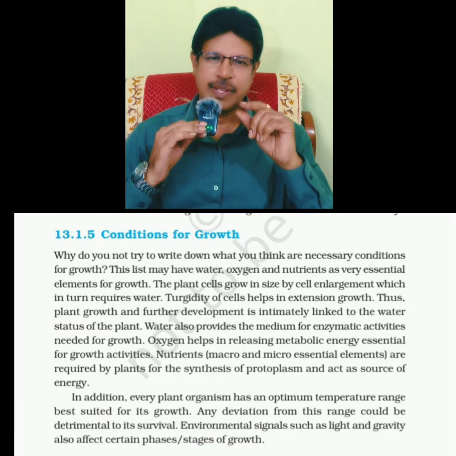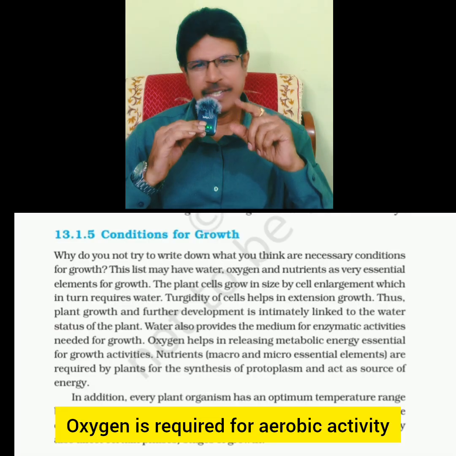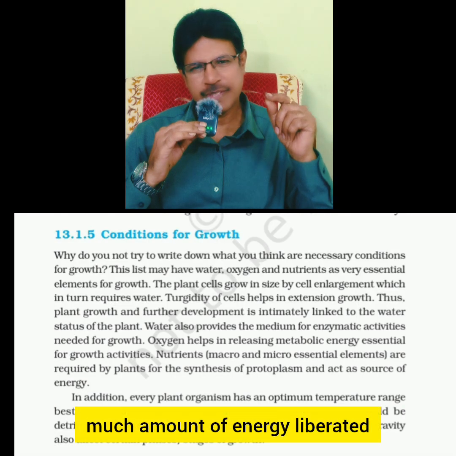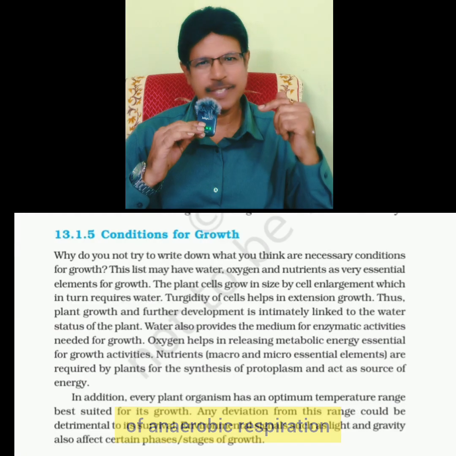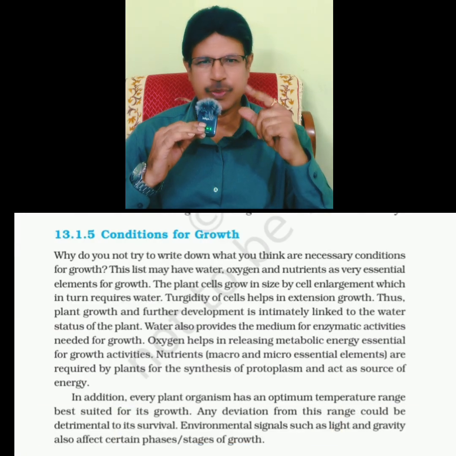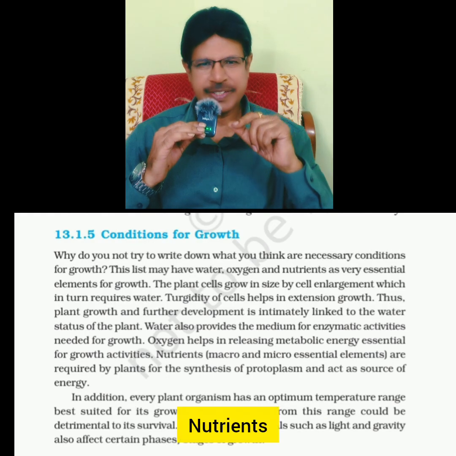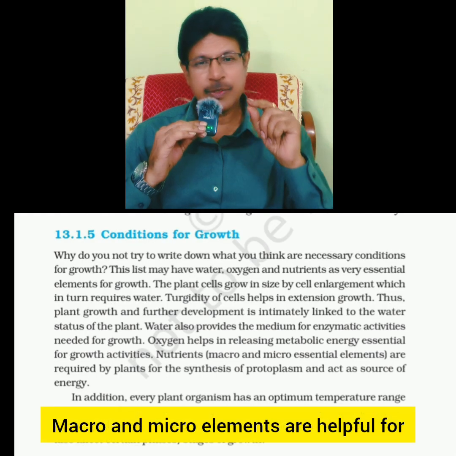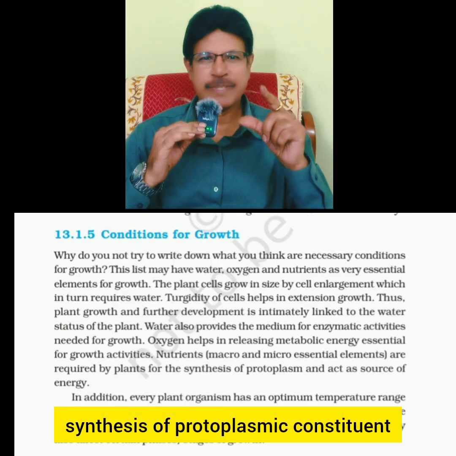Next, oxygen. Oxygen is required for aerobic activity. In aerobic activity, a large amount of energy is liberated, so there is vigorous growth of the organism compared to anaerobic respiration. So oxygen is required for aerobic respiration. Nutrients. Macro and micro elements are helpful for synthesis of protoplasmic constituents.